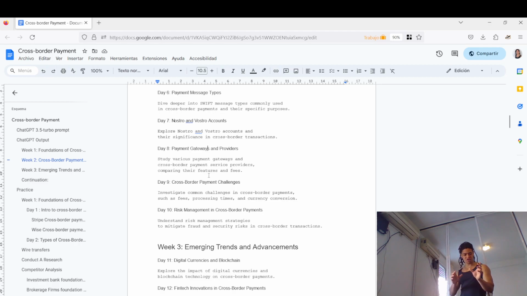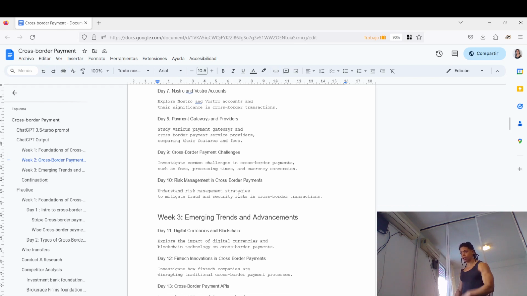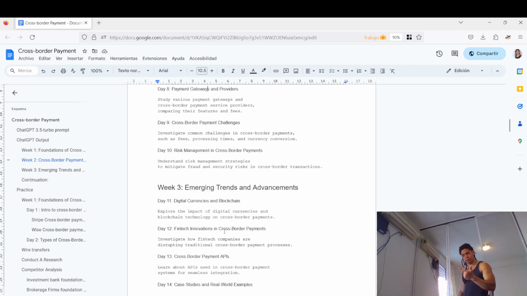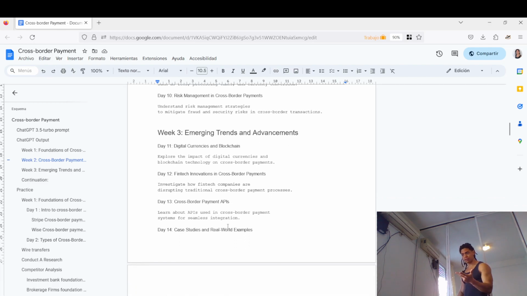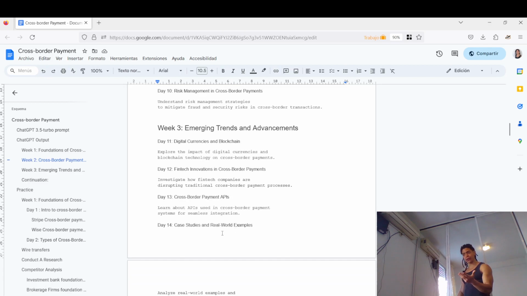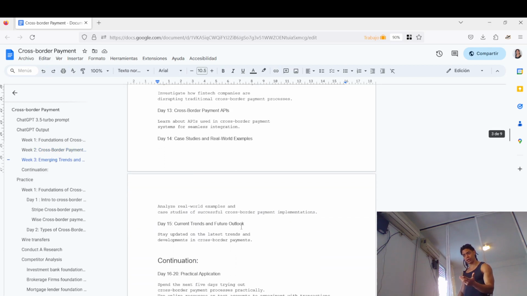Once you know the fundamentals as well as the mechanism, it is time to look at emerging trends and advancements. So you have day 11, digital currency and the blockchain, fintech innovations in cross-border payments, cross-border payments APIs, case studies and real-world examples, right?